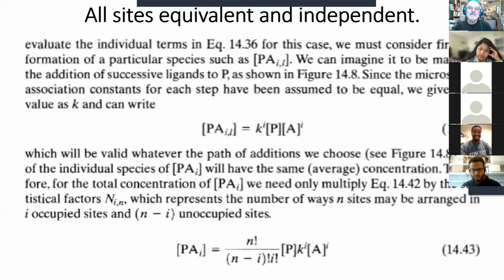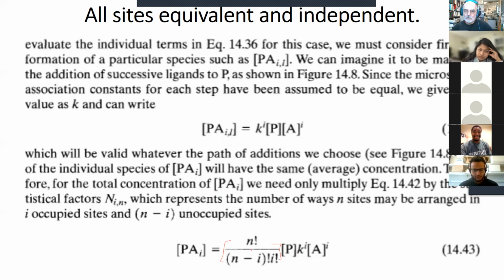So what this means is that when you write down these equilibria and you have this conversion, it's an equilibrium constant where we have overall binding constants reflecting P_i, but there's an individual K that has to be accounted for in the overall process, and that has to basically be corrected by this n choose k, or n choose i, parameter.